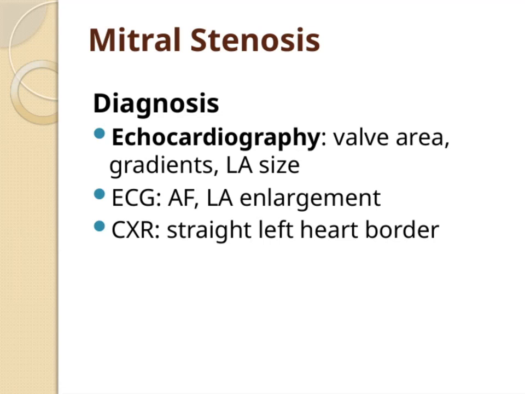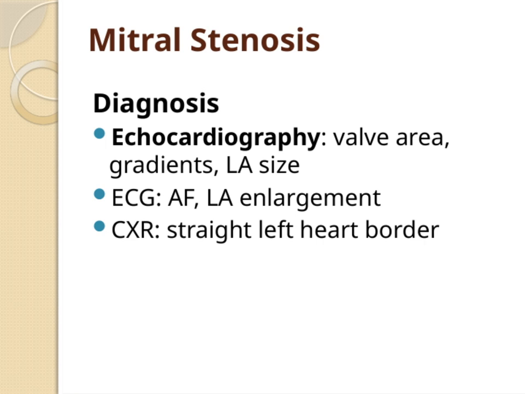Let's take a closer look at the diagnostic approach for mitral stenosis. First, echocardiography is essential. It helps us evaluate the valve area and the pressure gradients across the mitral valve. It also allows us to assess the size of the left atrium, which often enlarges in response to the increased pressure.